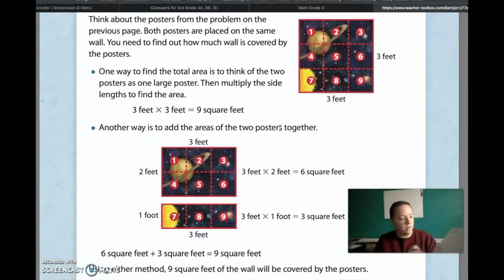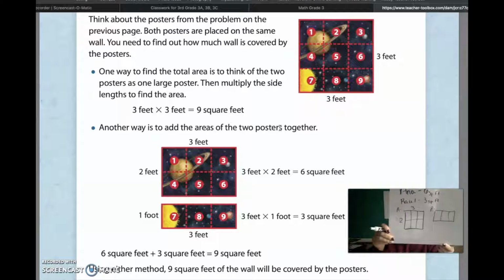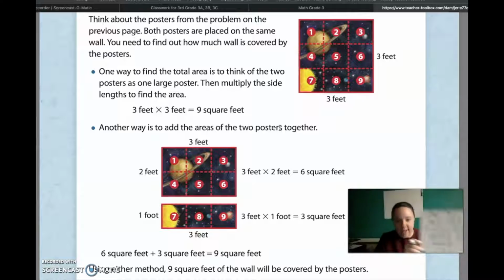So he had 3 squares. And actually, I'm going to make this a little shorter so it looks a little more like their picture. So if you see, we know that his is 3 by 1 foot, which equals 3. So I'm going to write them down here, 6, 3.